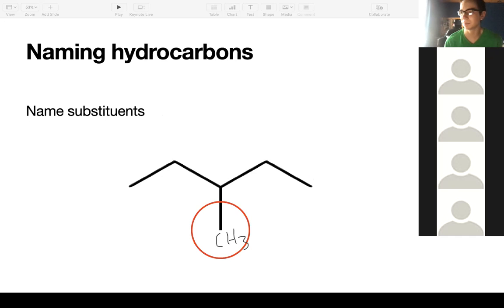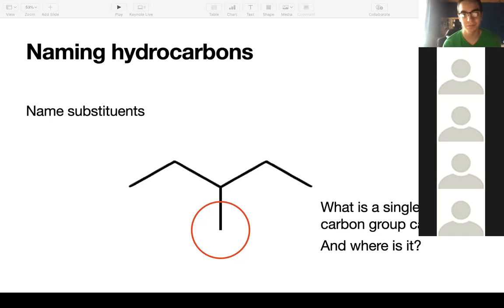Methyl. So think about it, it's just one carbon all alone. So methyl is our name.